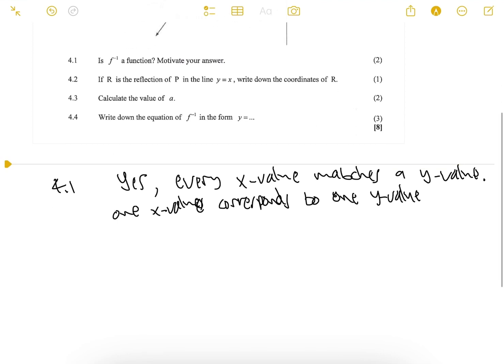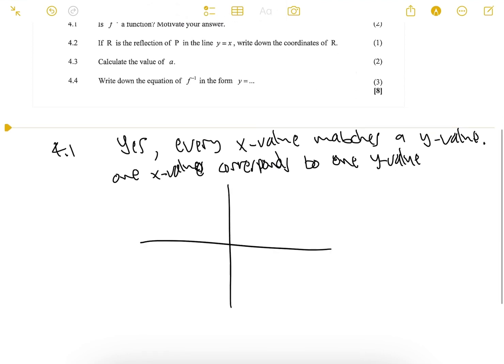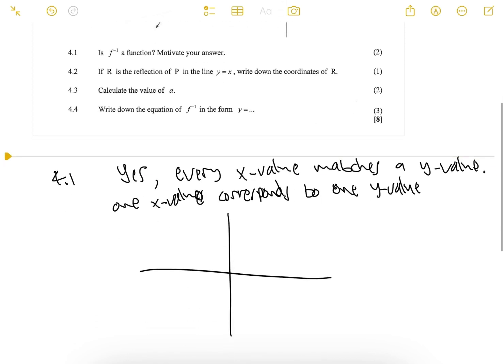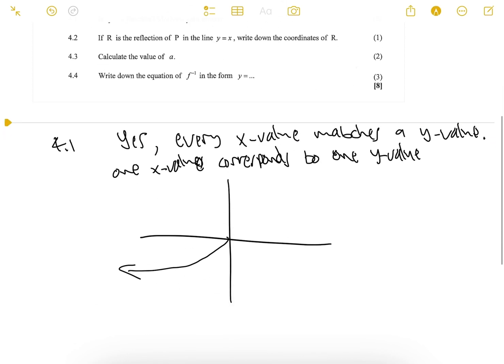Let me just draw it here. So this is the inverse graph.